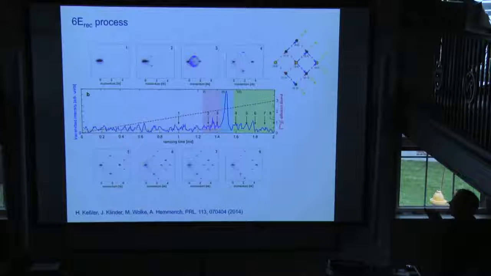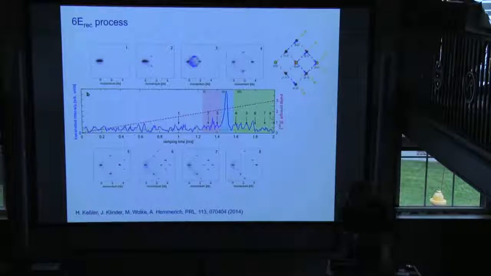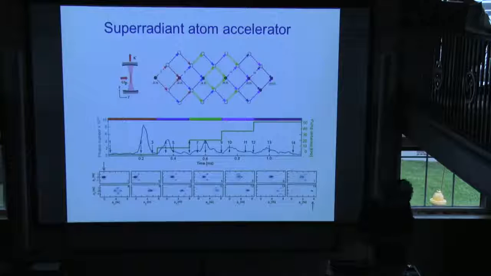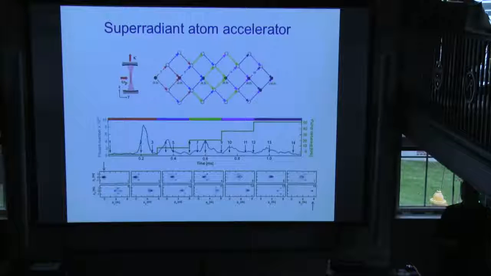And so then we are populating these 2 states. Half of the atoms remain here, the other half goes here after some time. And if you wait, then higher order processes set in, and you can populate higher momentum states. That depends on how you set your detuning in detail. Okay, this is just to illustrate that there's control in all this.